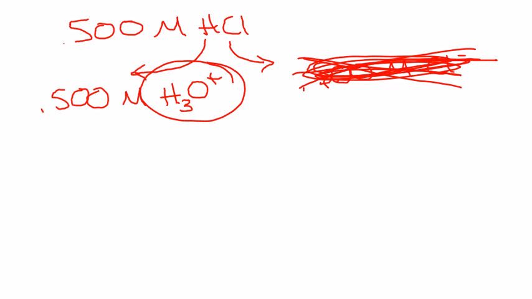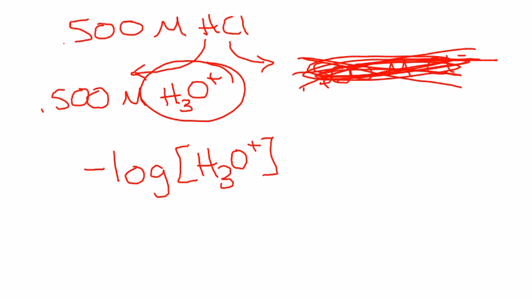If we find the pH, we're going to use minus the log of the hydronium ion concentration, and in this case that's going to mean minus the log of 0.500.